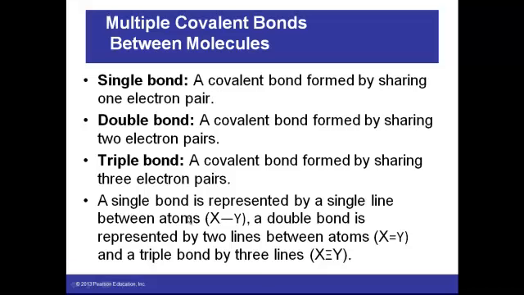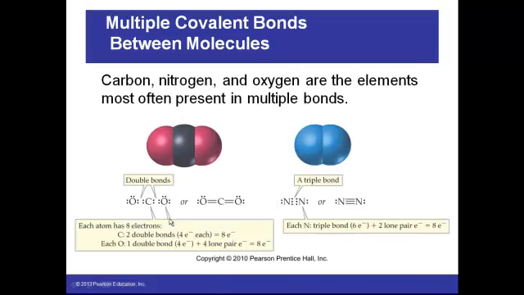So our single bond is going to be represented by a single line, as we previously discussed. If they're sharing more than 1 pair of electrons, you would indicate that by adding a second line for a double bond and 3 lines for a triple bond. So for our carbon dioxide to be fulfilled, the oxygen is going to want to share 2 electrons, with the carbon sharing 2 electrons with it.